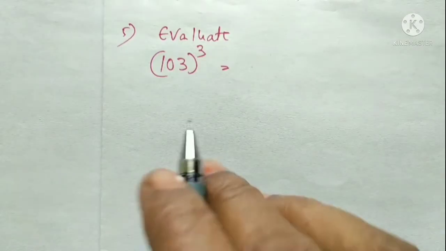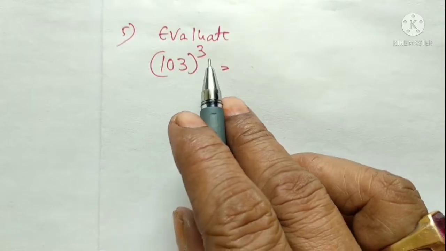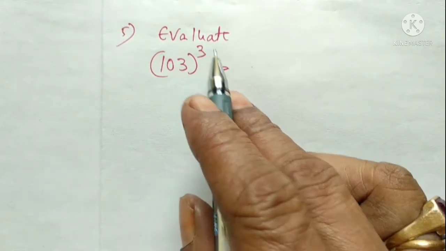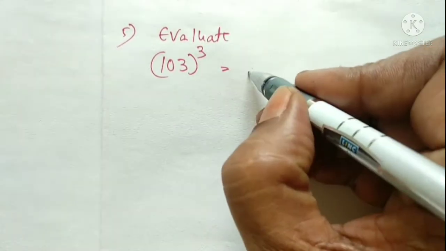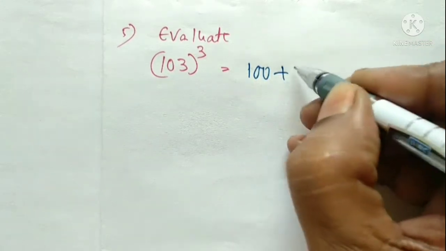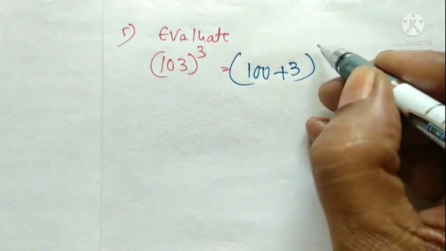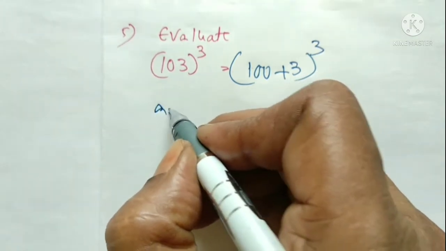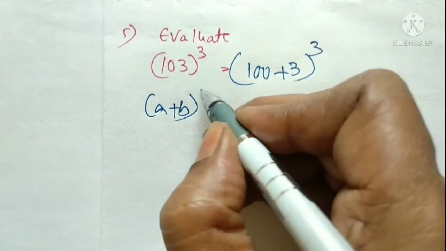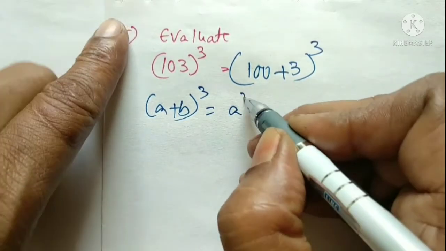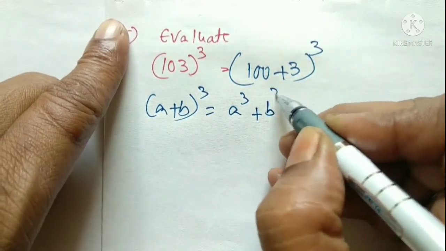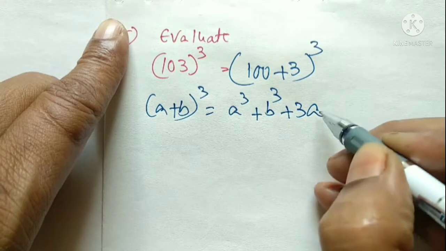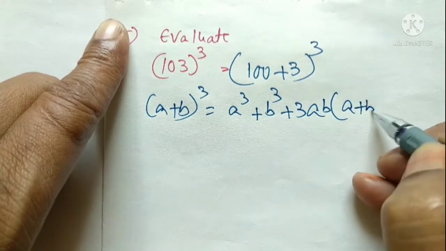Okay? Now, evaluate 103 whole cube. Evaluate means we have to find the value. It can be written as (100 plus 3) whole cube. The algebraic identity (a plus b) whole cube is equal to a cube plus b cube plus 3ab into (a plus b).